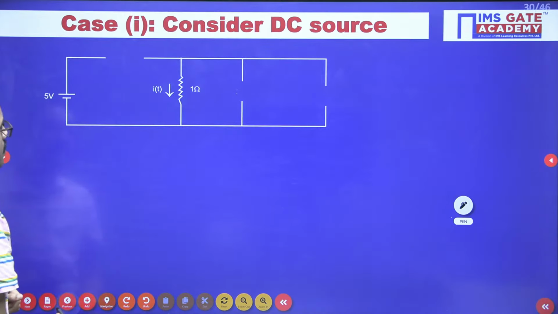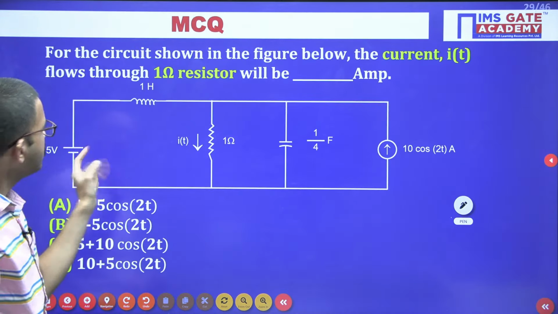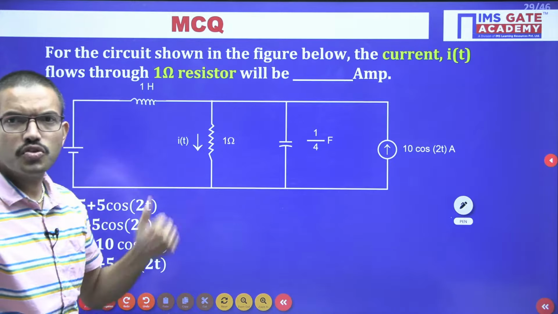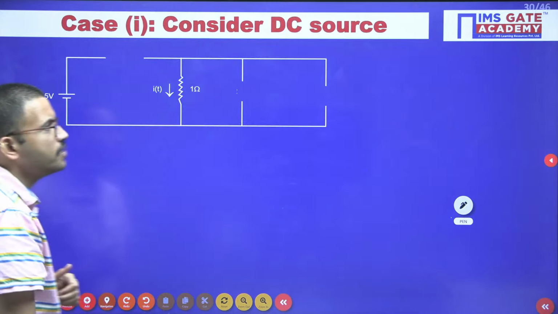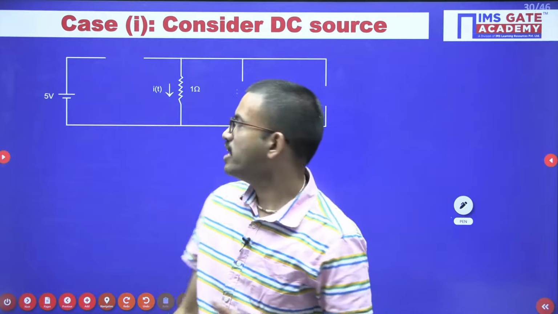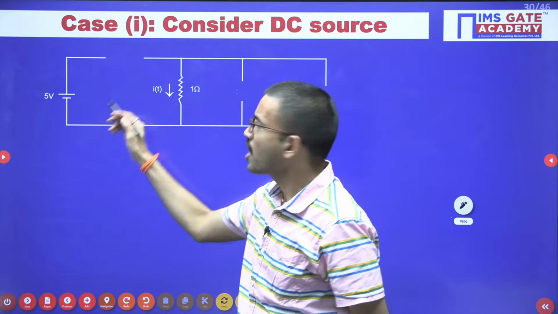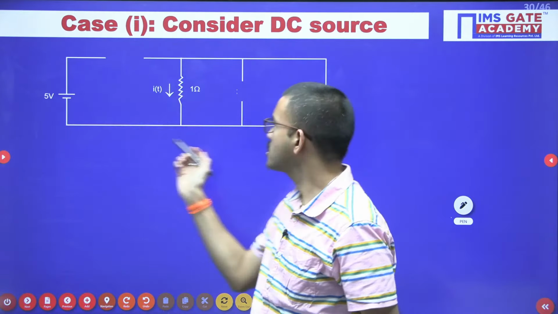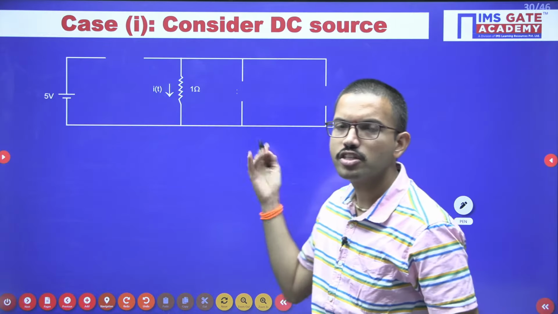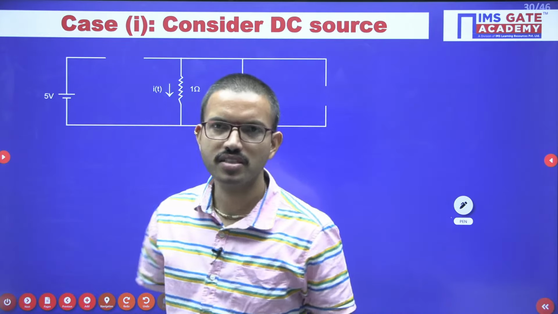Now when we have considered the DC source, all of you please respond, whenever we are considering only a DC source, how does the inductor behave, and similarly the capacitor, how we have to represent them? Any guess?